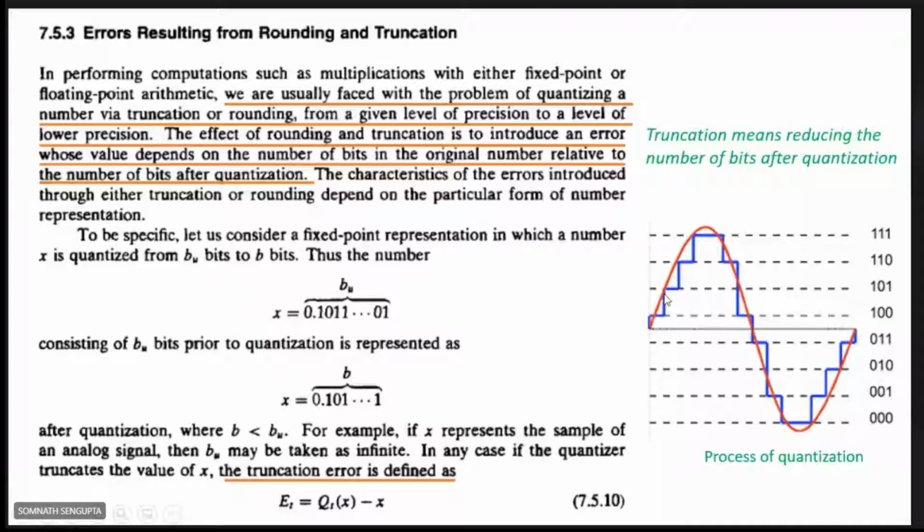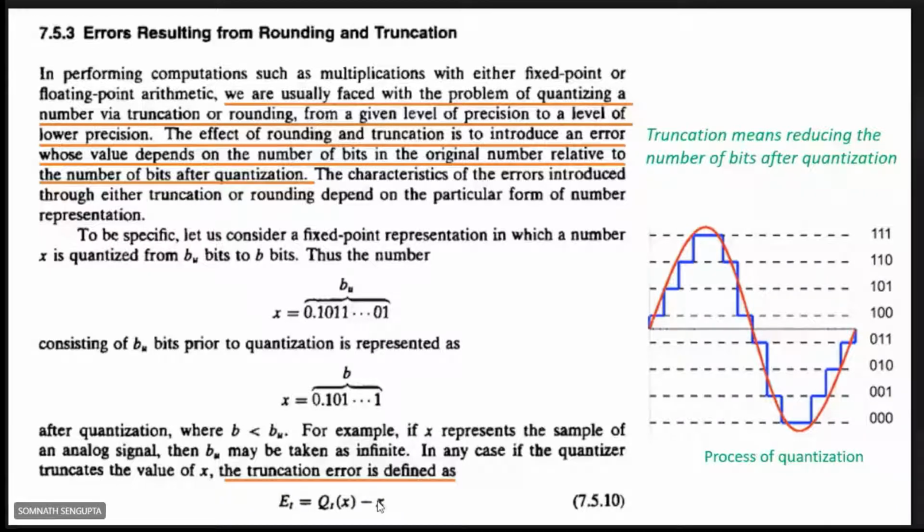Whatever analog values are there in a particular level, they will all be assigned to that particular quantization level. So the actual value is X, and after quantization the value is Q(X). So definitely there will be some error that is called truncation error. That means when you reduce the binary bits, this error occurs.